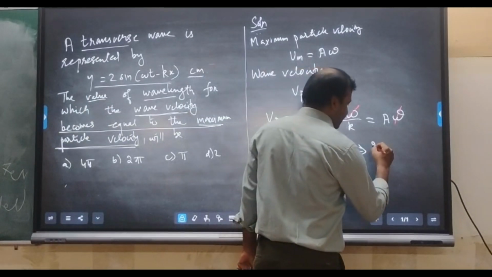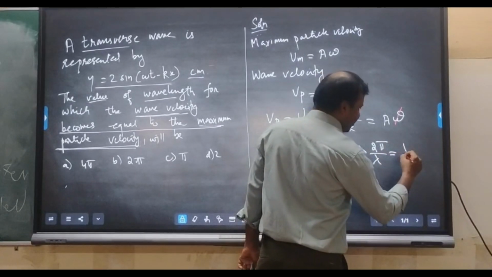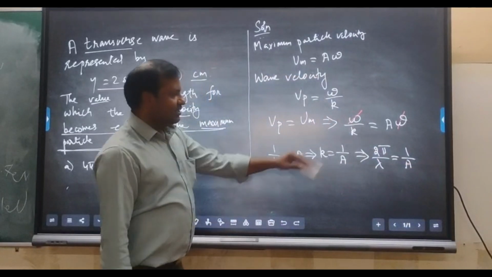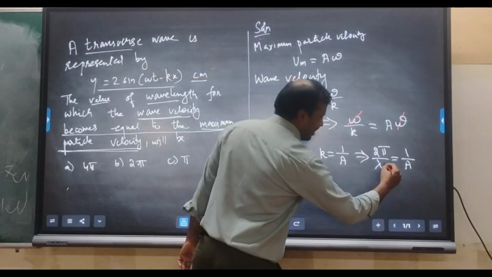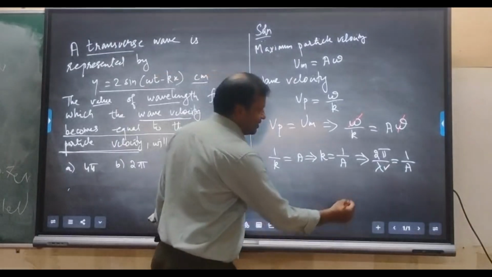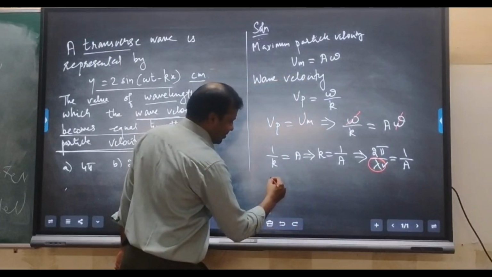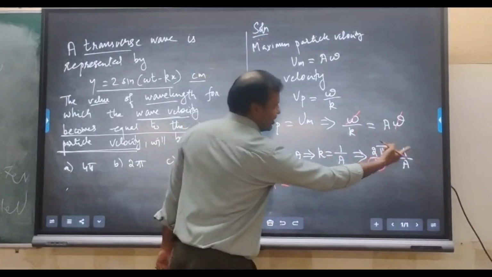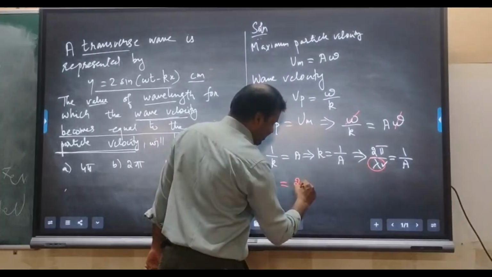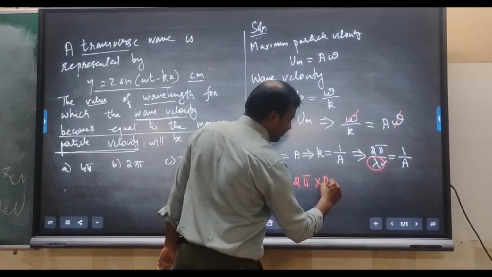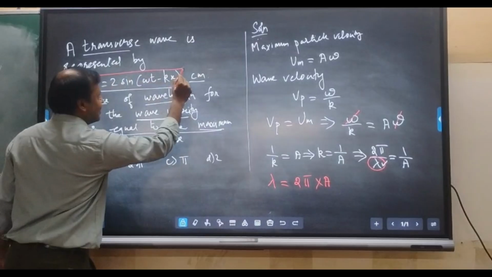So instead of k I will write 2 pi by lambda, which is equal to 1 by A. Since we want to calculate the wavelength, I will keep lambda and bring the remaining terms to one side. So lambda is equal to 2 pi times A.